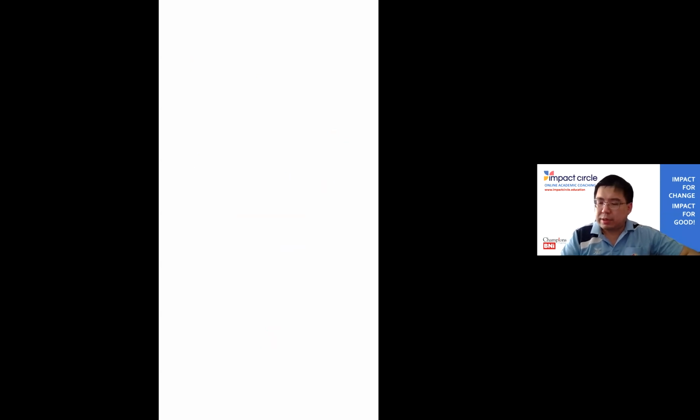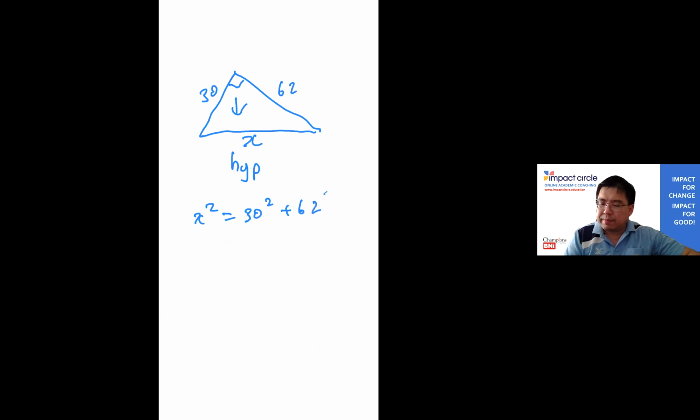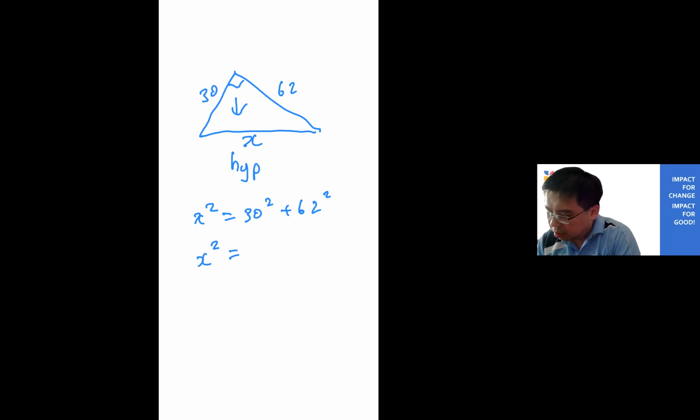And finally, the last question, question 6. You have a triangle that looks something like this. The right angle's on top, so the hypotenuse will be below. The other two sides will be 30 and 62. So x squared equals 30 squared plus 62 squared, which will give you x squared equals 4744.